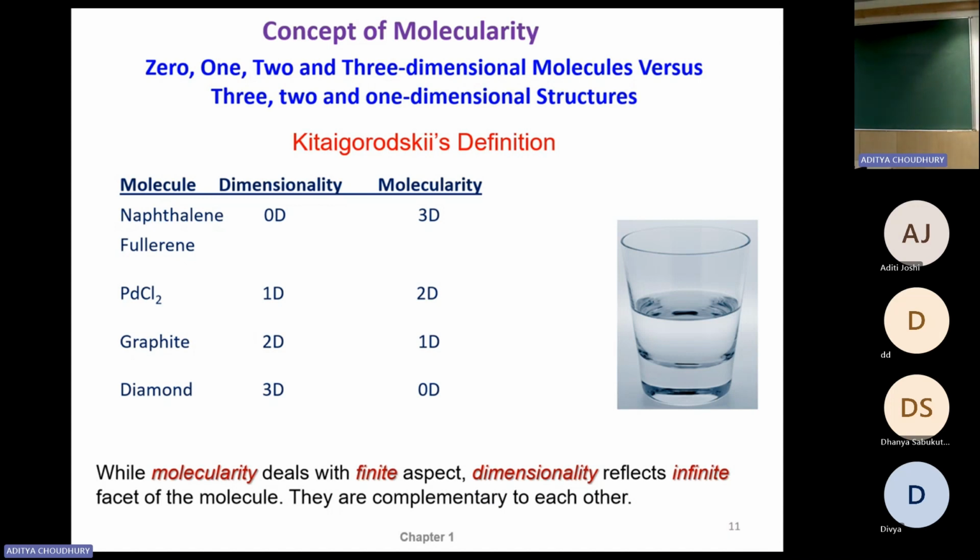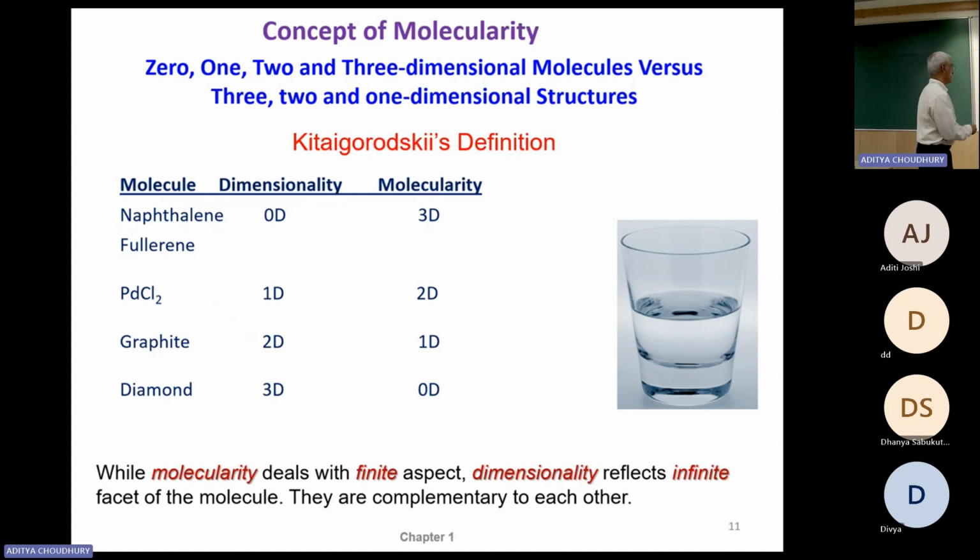You'll fall into weak interactions. Okay, Y direction, same thing. So it's a molecule, because they're all discrete: discrete along X, discrete along Y. So when you have naphthalene, the molecularity is 3D. In all three directions it's a molecule because it's finite.